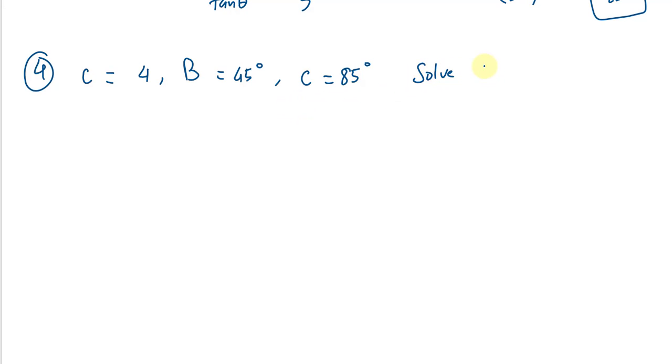And then let's move on to problem 4. So problem 4, we are given c to be 4, B to be 45, and C to be 85. Now we are asked to solve the triangle.